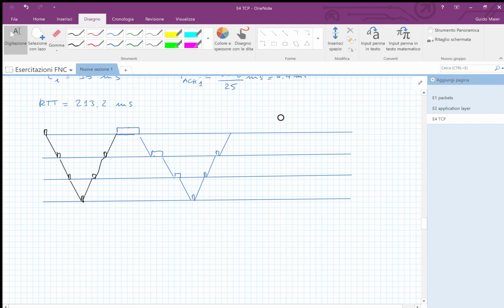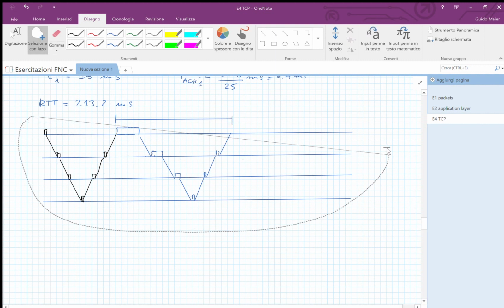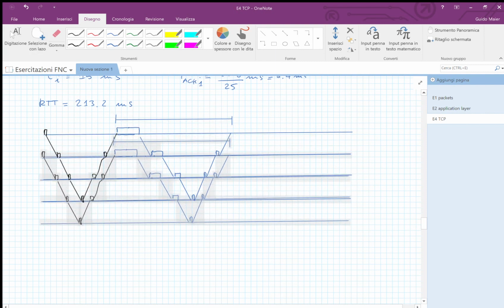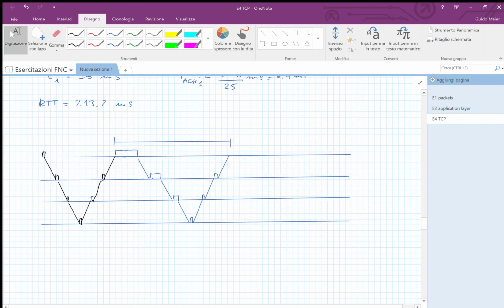Okay. Why? So this also enables us to define the round trip time, so graphically. This is a round trip time, okay?